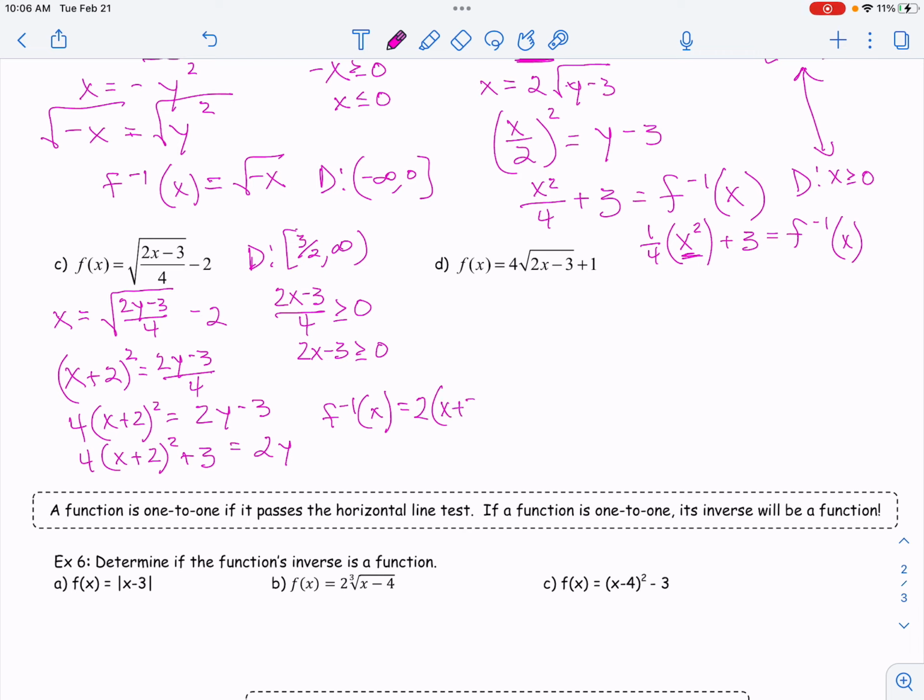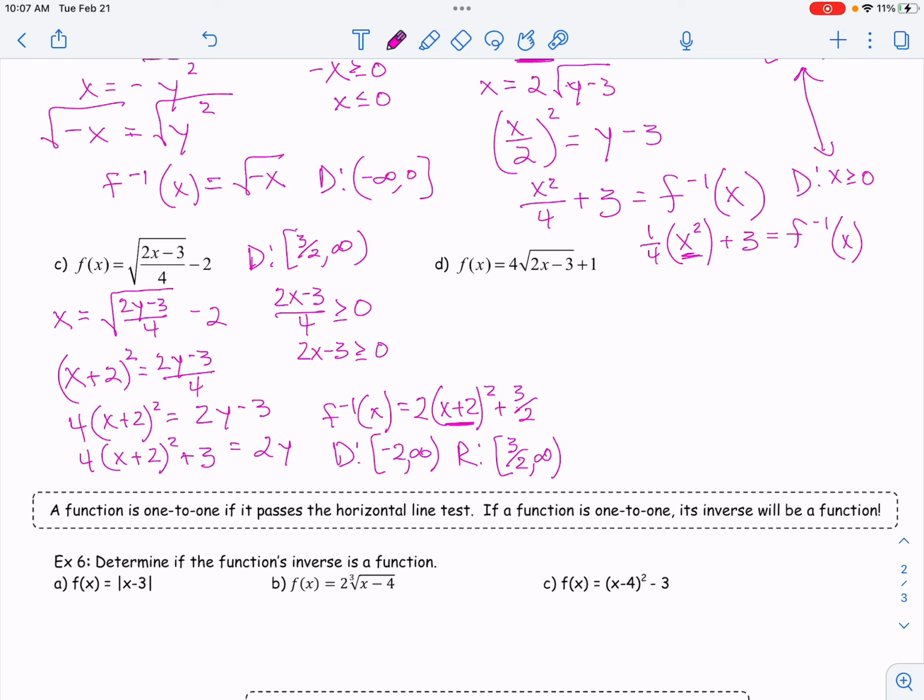2x plus 2 squared plus 3/2. My domain is going to be, you're going to take this part, your domain is going to be from -2 to positive infinity, and my range is going to be right there from 3/2 to positive infinity.